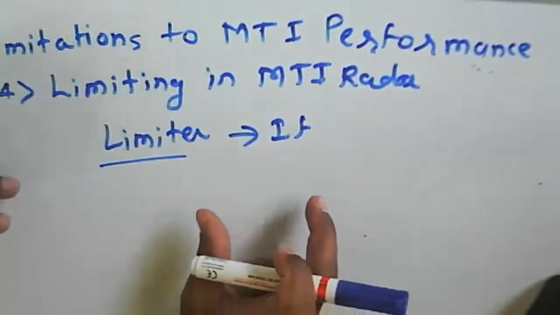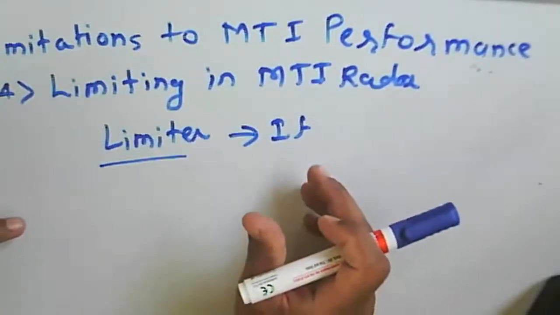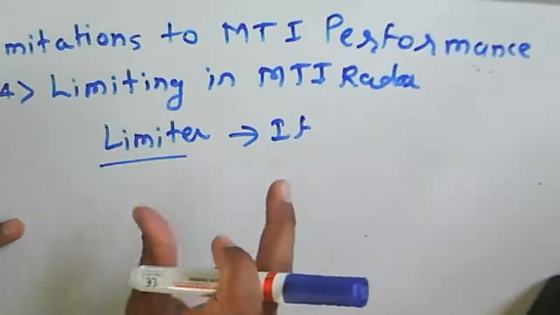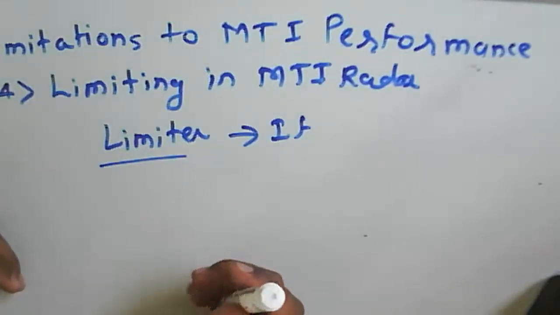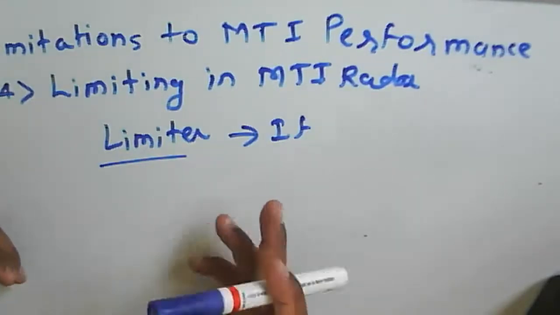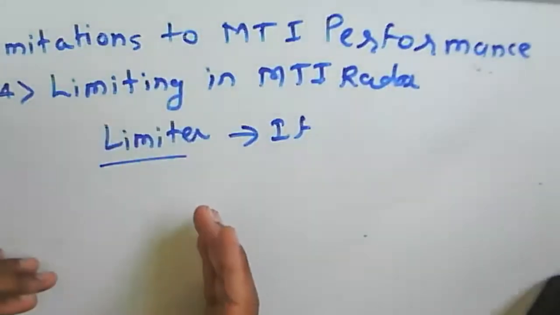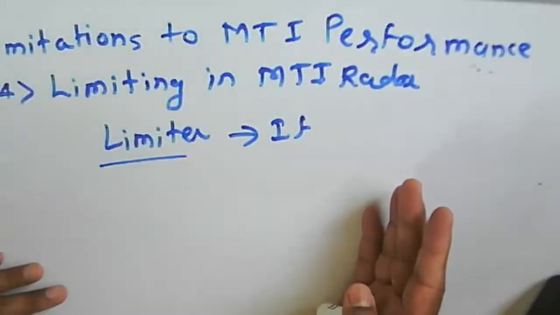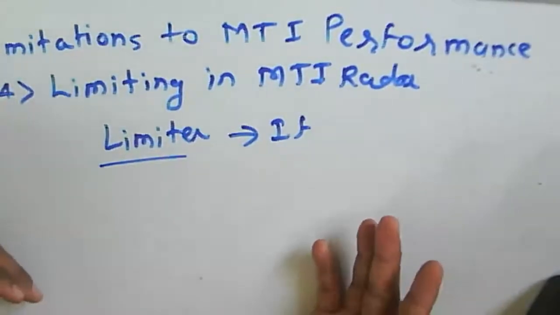If that level relative to the noise is set to a higher value than the improvement factor, then the clutter having the higher value on the display means we are not able to detect whether there is a target or not.